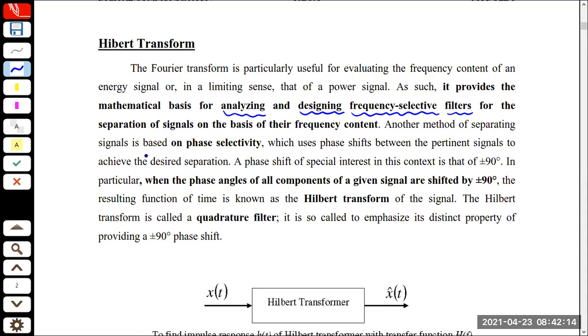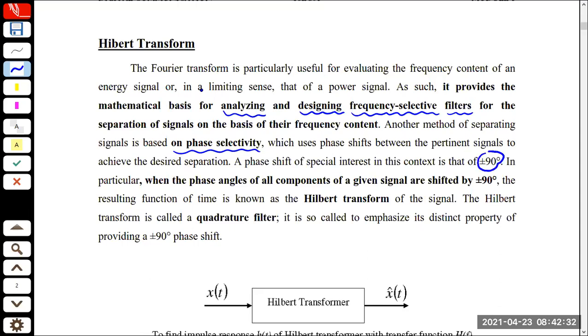Another method of separating signals is based on phase selectivity, which uses phase shifts between pertinent signals to achieve a desired separation. A phase shift of special interest in this context is that of plus or minus 90 degrees.